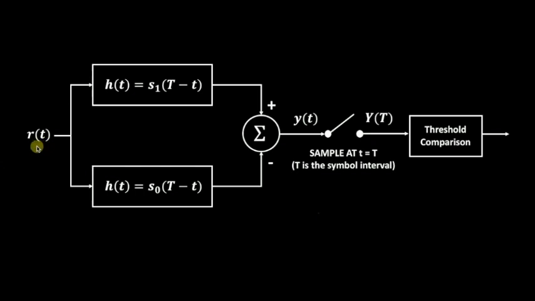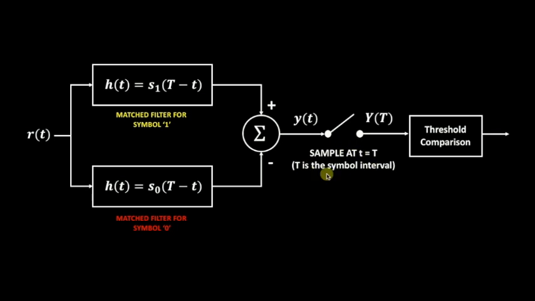As you can see here, we have your received signal that is corrupted by noise. We're going to use actually two matched filters here: a matched filter that is matched to your symbol 1 or logic 1, and then another matched filter that is matched for your symbol 0 or logic 0. What you're going to do here is take the positive output of your matched filter for symbol 1, and then subtract the matched filter output for symbol 0.